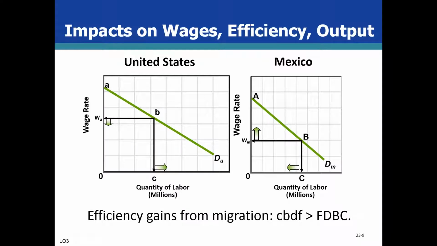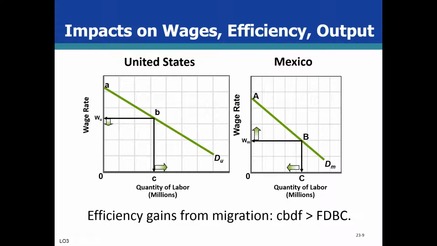It's an important point. The starting point for the United States on wage is WU, and for the quantity of labor demanded, C. At this point, there is still a need for more workers. The only way that the United States can increase its output is by getting more workers into the system.